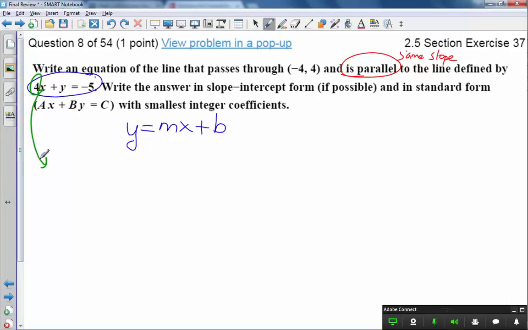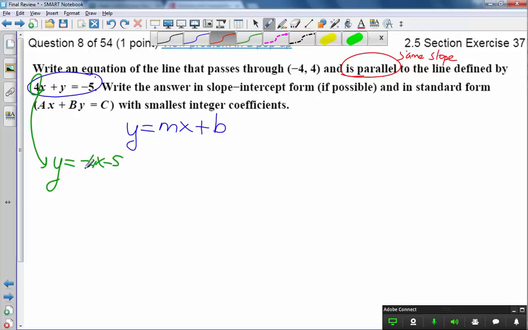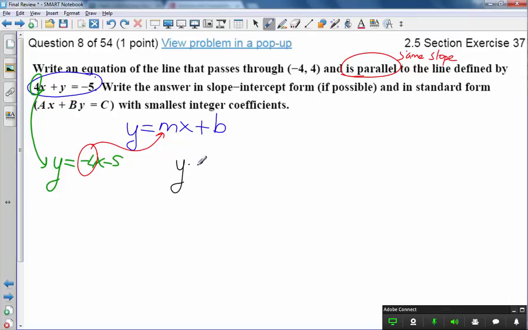Yep. We need to first isolate y. Then we are allowed to read the slope. Not before. So you need to bring 4x to the other side. And here you go. Now you're allowed to use this slope, negative 4. So y equals negative 4x plus b is what you have.